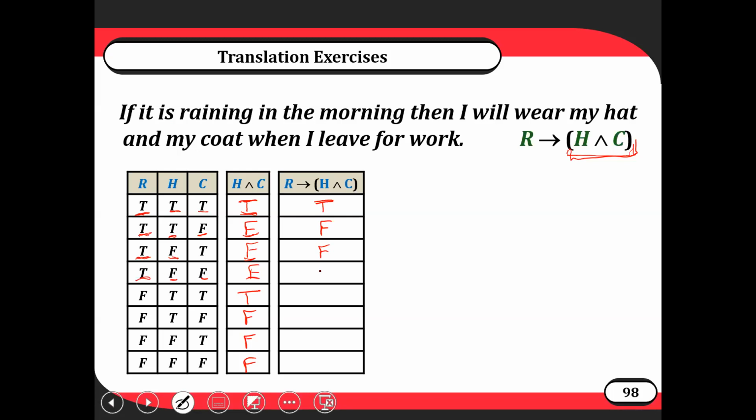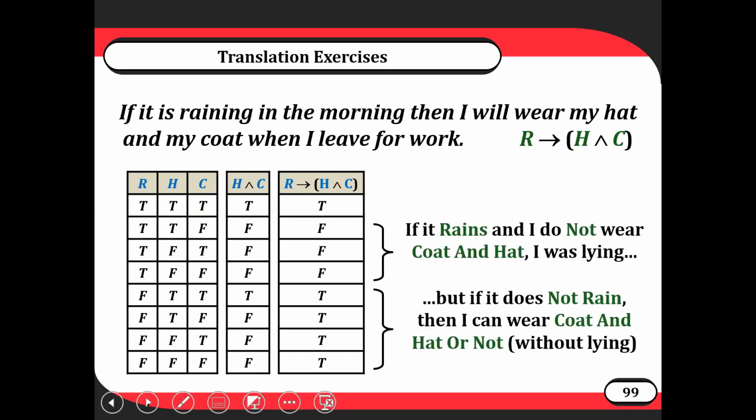True, false, again false. And here R is always false, and so if we recall implication, that means that these are all true. And let's hope I got that right.